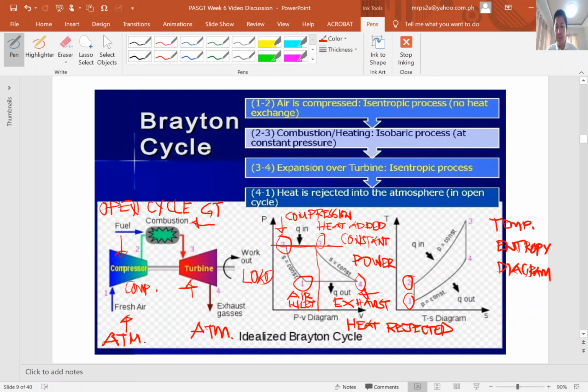But this pertains to the temperature. So 2 to 3, the temperature is rising. The temperature is not constant, you see. If you graph here, the temperature is rising from here to there.